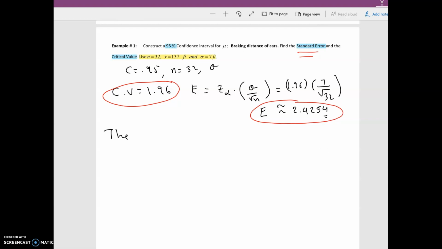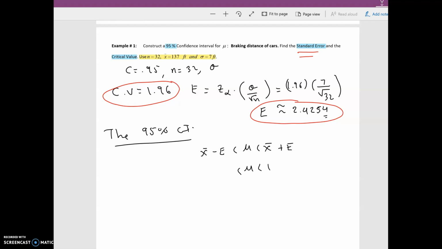And in this case, we're looking at a 95% CI. It's going to be evaluated as mu being between the sample mean plus the standard error and the sample mean minus the standard error. And then we're going to be bounding mu by the following two values.